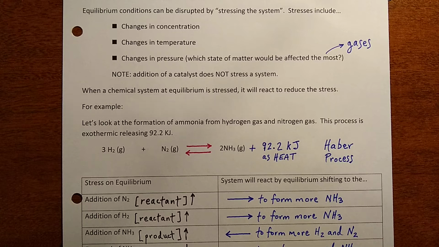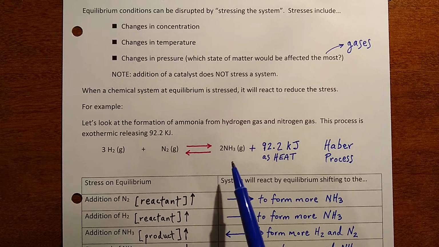But in industry, what they do is they recycle the ammonia. They recycle the reactant gases. They get ammonia produced and they remove it as it's produced, and that will shift the equilibrium to the right. The whole point of making ammonia in industry is to maximize your yield in a reasonable amount of time.